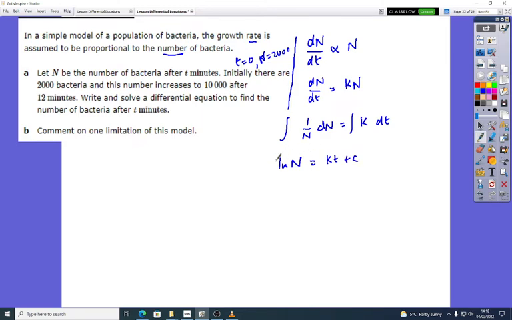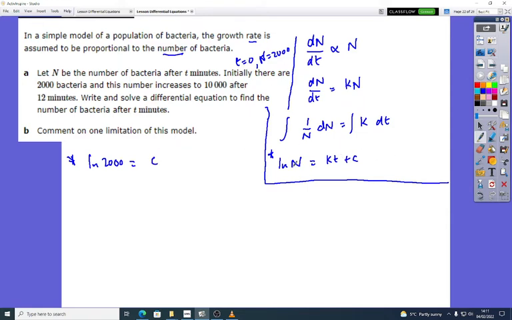Right, I'm going to write this here, so just put a box around it. So I'm going to rewrite that. I know that, and this time I'm going to plug these numbers in. When n equals 2,000, t is 0, so that gets rid of that.